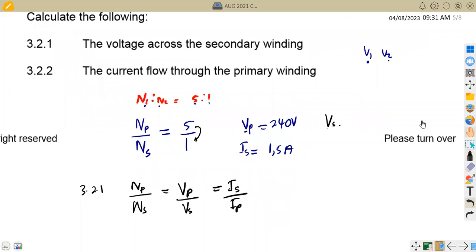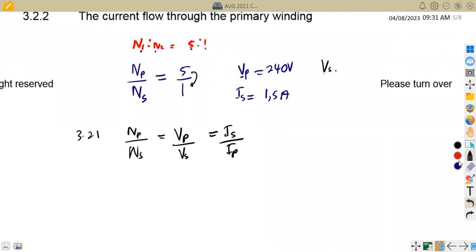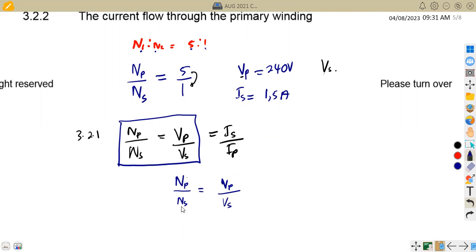As we are focusing on the secondary voltage, we equate NP over NS with VP over VS. The ratio is 5/1, so 5/1 is equivalent to VP, which is 240, over VS, the one we are supposed to calculate.